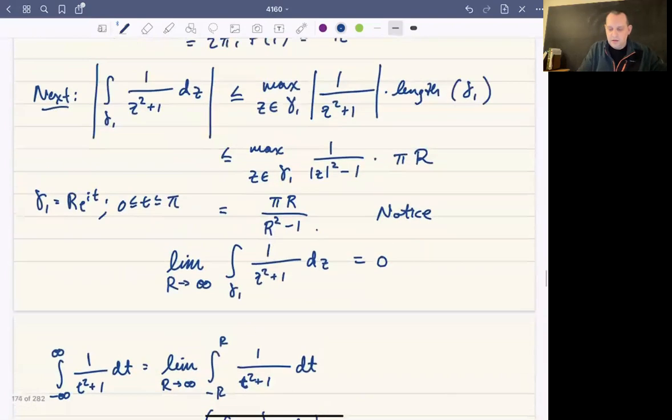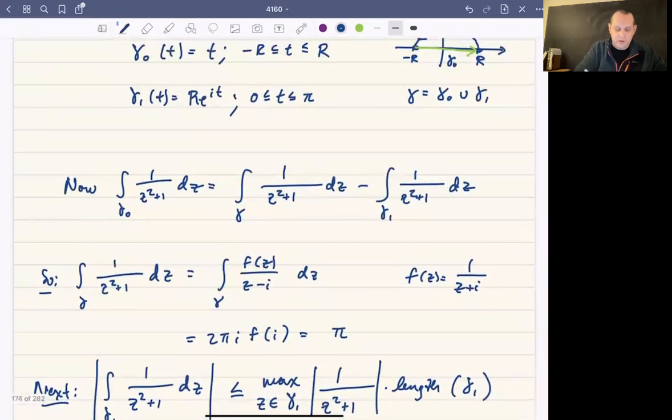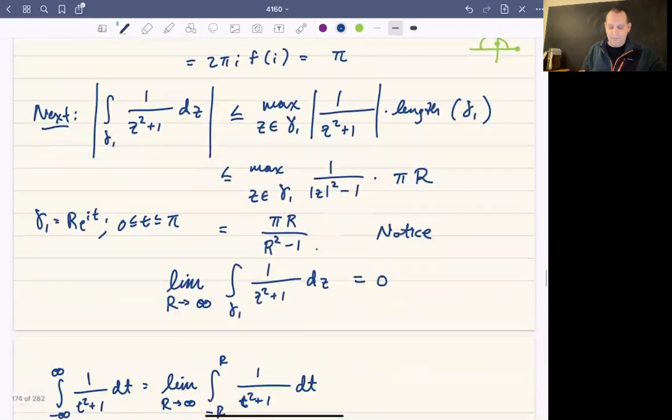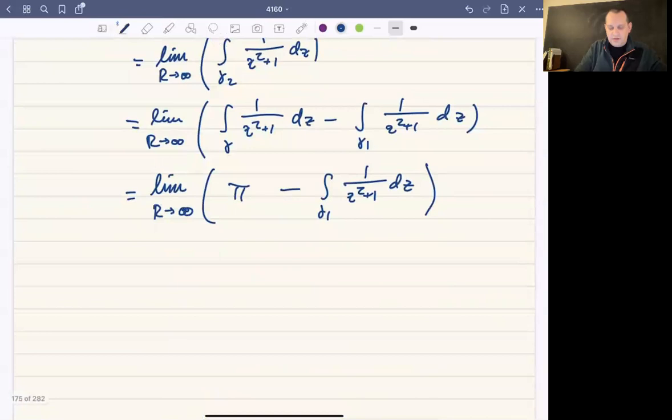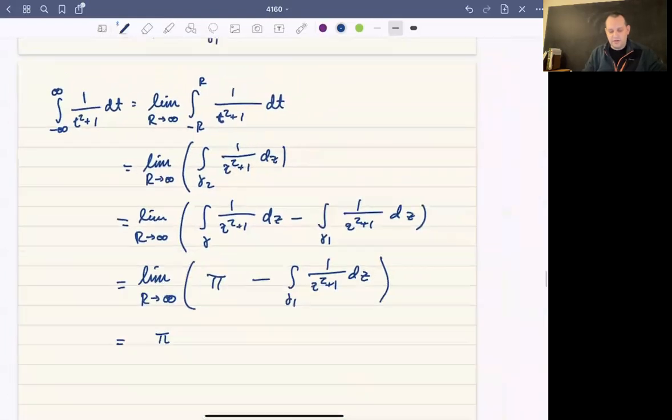So remember that what we used here, whether I said it explicitly or not, is that we assumed that i was in this region. Okay, so i is somewhere in here. So that means that r had to be at least 1. But since r is going to infinity, we can just assume that r is big enough and that i is in that region. So this integral turned out to just be pi for all values of r that are at least 1. The second integral tends to 0. And so it turns out that this integral altogether is going to turn out to be pi.